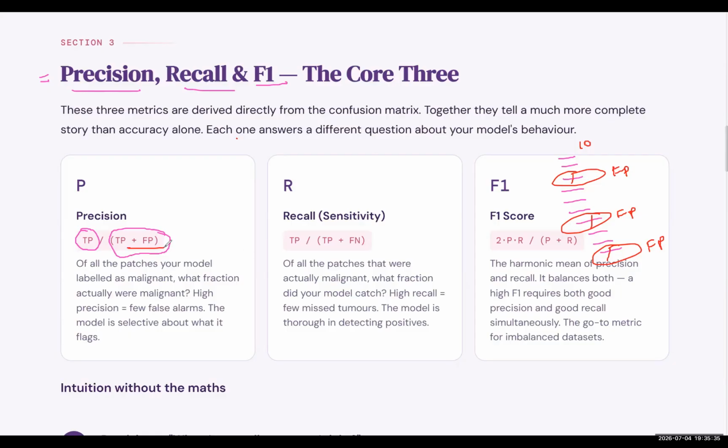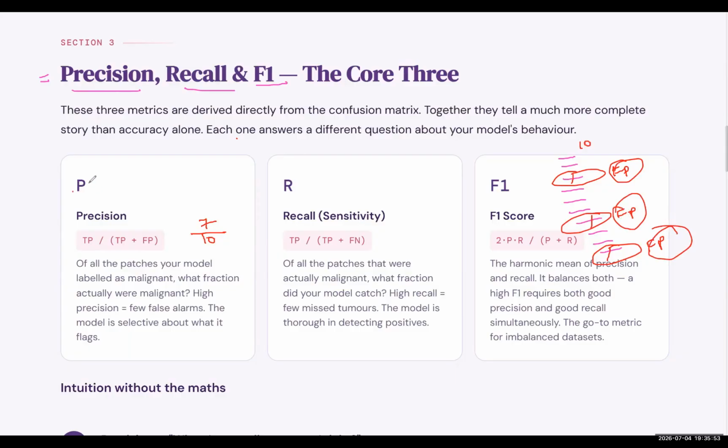So total positives, whether correct or not, are 10. I'll keep that in the denominator. If you see the formula, in the denominator I'll keep 10, and the actual true positives are 7, apart from these 3.